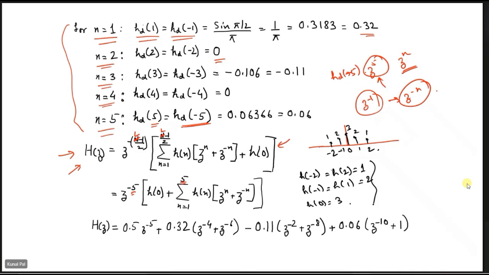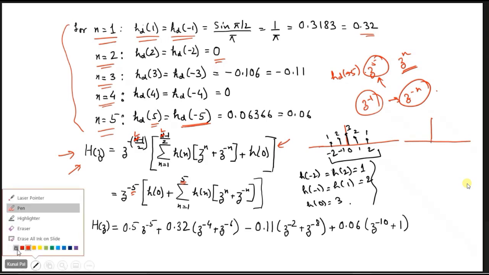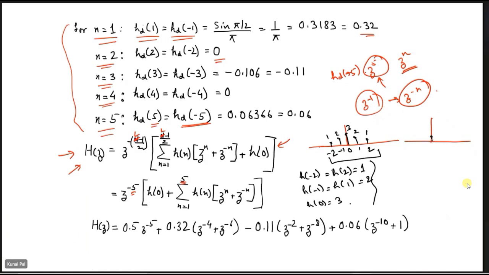Now to make this realizable, I will be shifting these values towards the right hand side. So what would I have now? 0, 1, 2, 3, and 4.